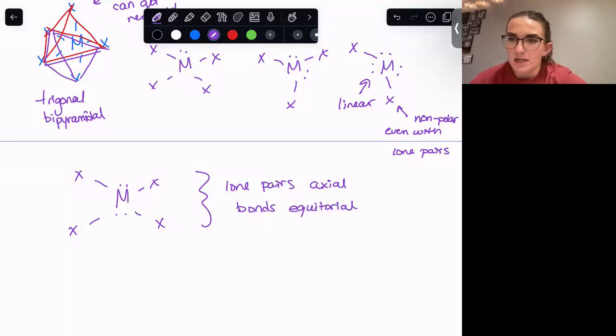In order to allow your bonds to be the farthest away possible with that lone pair taking up more space, it's best for the equatorial to be removed first in the trigonal bipyramidal. But for your octahedral, it's then axial that is removed first.